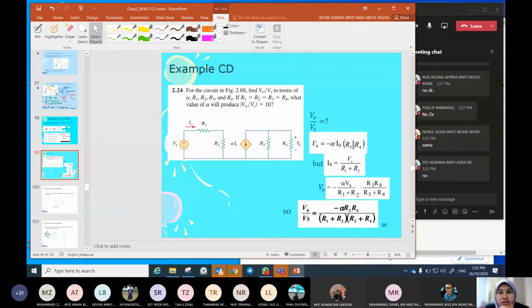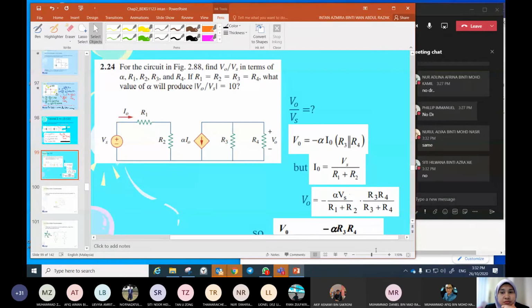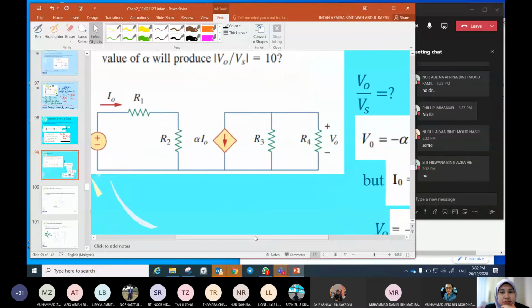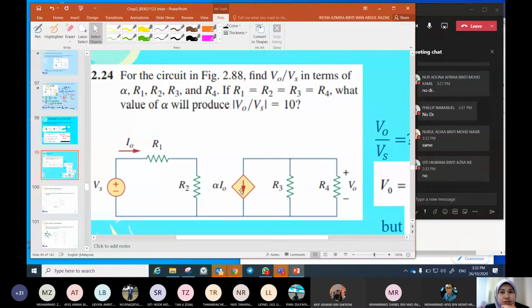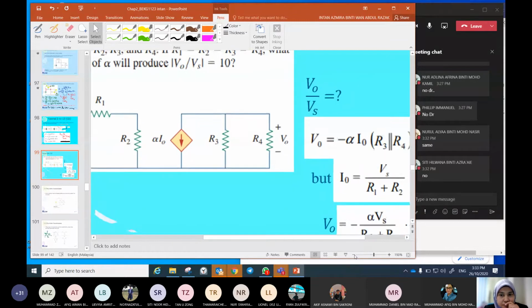For the circuit in this figure, find V naught over Vs. Okay, V naught is here, Vs is here in terms of alpha, R1, R2, R3, and R4. If R1 is equal to R2, equal to R3, and equal to R4, what value of alpha will produce V naught over Vs equal to 10?